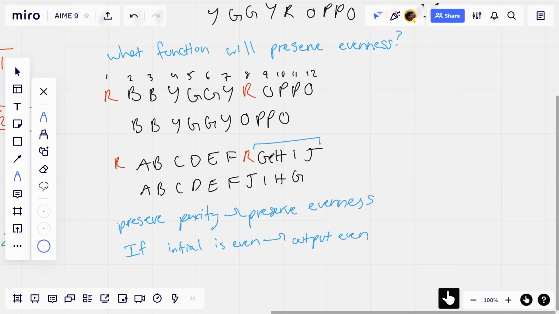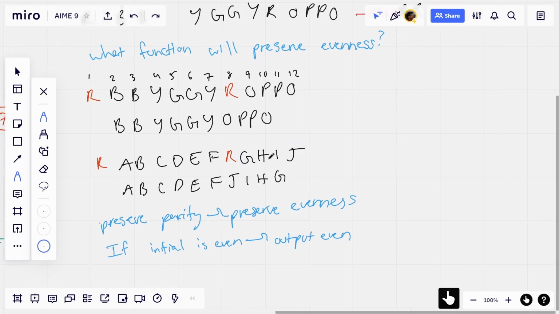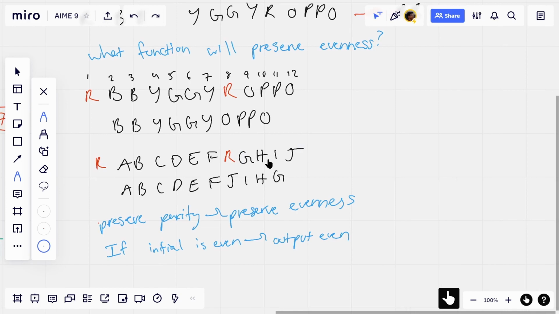How do we know that? Well, simply, if we want this function to be even at all, we know that the number of blocks between the R's is even. And if the number of blocks between the R's is even, then the number of blocks out here has to be even as well. Because if it was not an even number, then everything would be completely different.